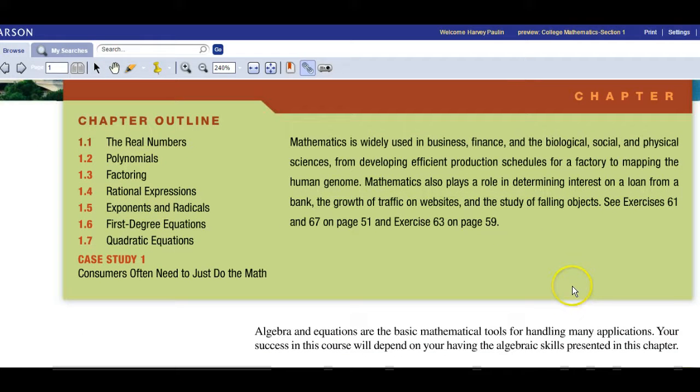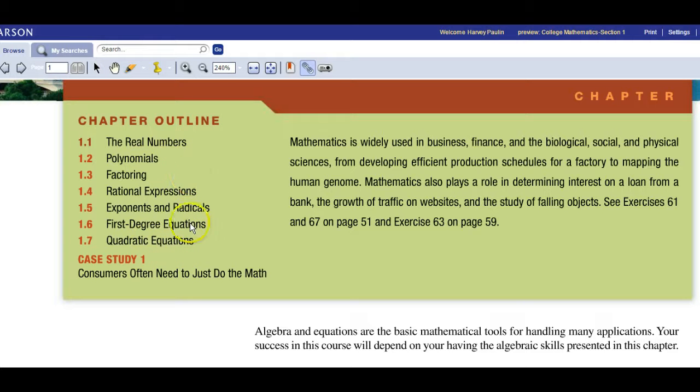And in Chapter 1, we'll be going over real numbers, polynomials, factoring, rational expressions, exponents and radicals, first-degree equations, and then quadratic equations.